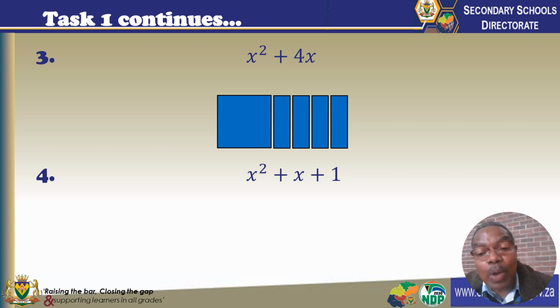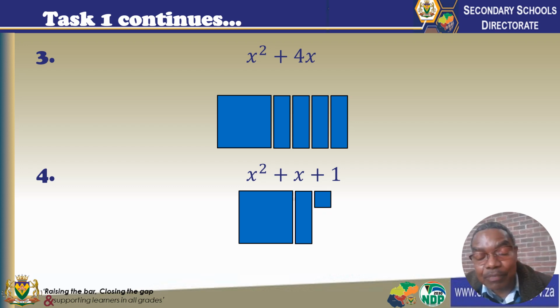Now to represent this one, we're going to have a big square plus 1 small rectangle and 1 small square. Because all of them are positive, it will be a blue square, followed by this rectangle, followed by a small unit. So this is called representation using algebraic tiles.